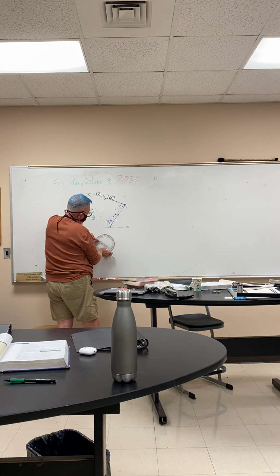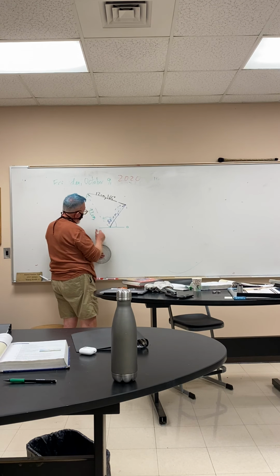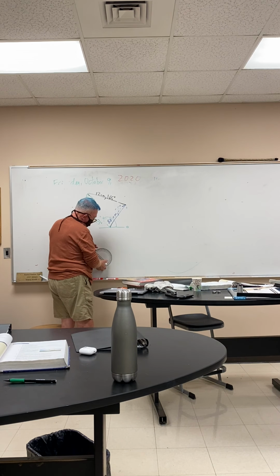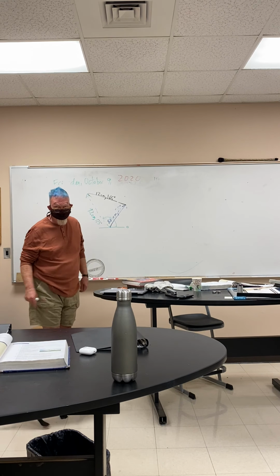As one of my students said, the tail of the resultant and of the original vector is from 0 right here, so the angle is measured this way. When we put our protractor on here and measure to the resultant, the answer is 123 degrees. That's when we measure. Okay?